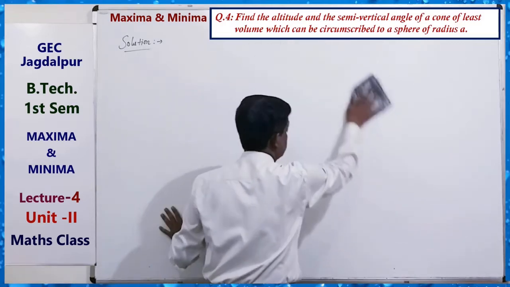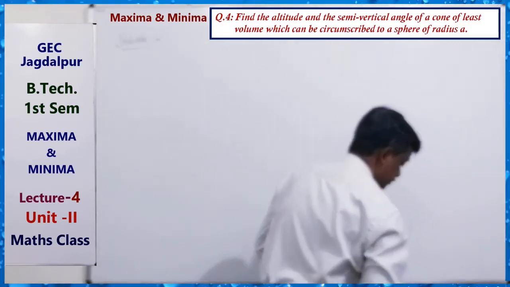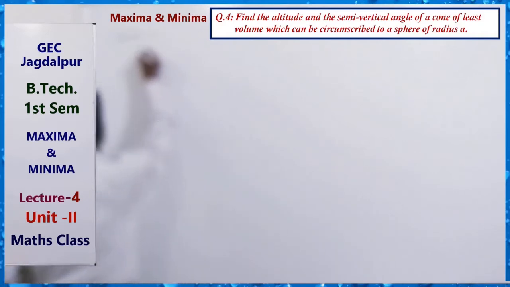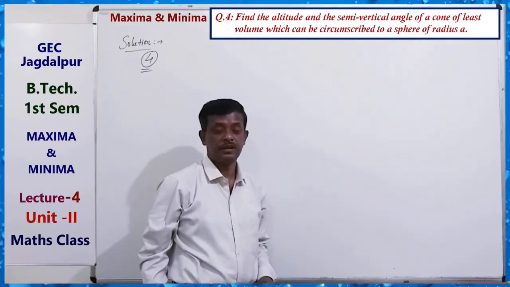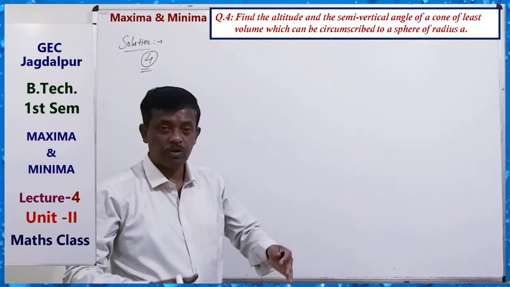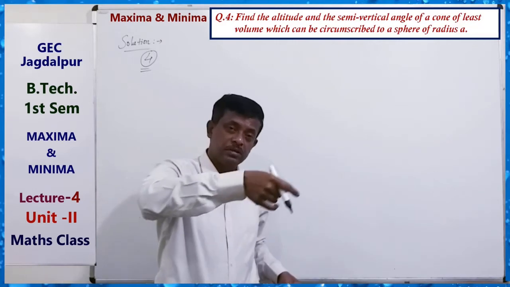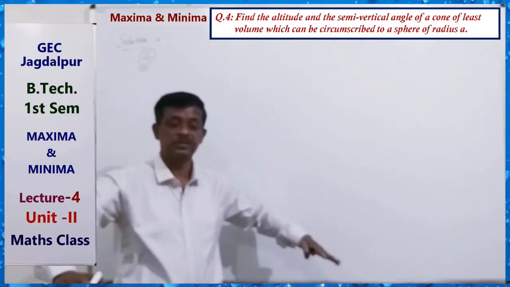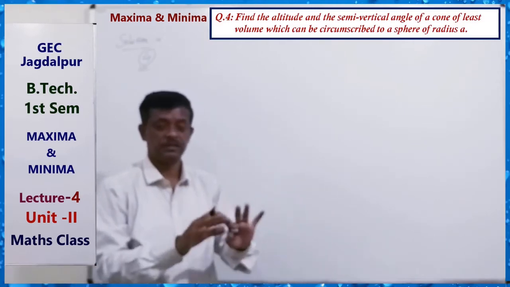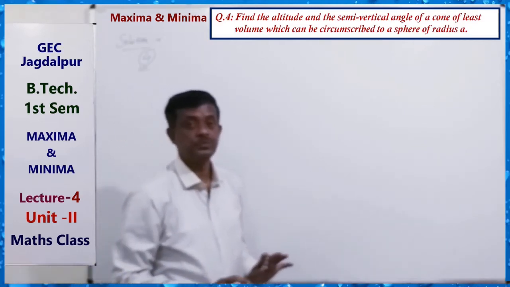Okay. So here, for question 4, just we draw the diagram. We have to draw a cone which circumscribes, that is, the cone will be at the outer side and the sphere inside.